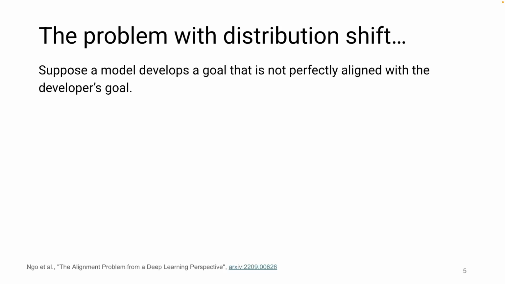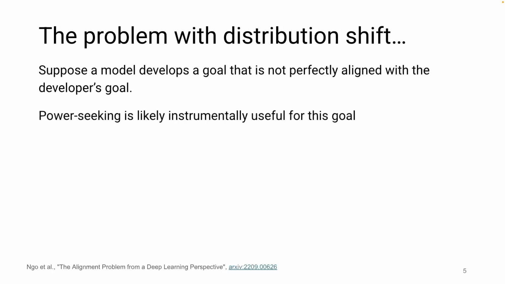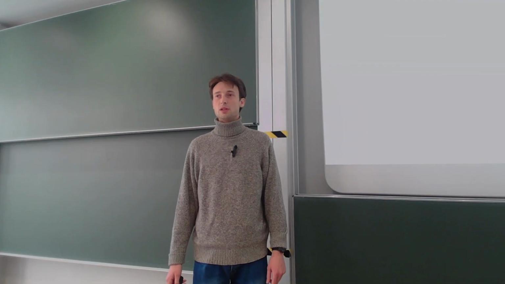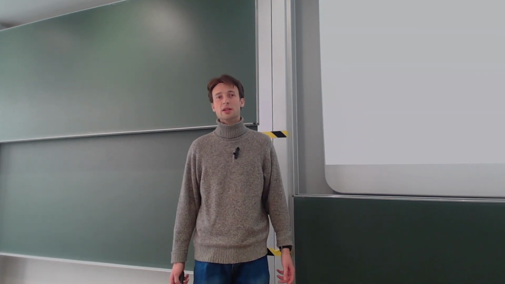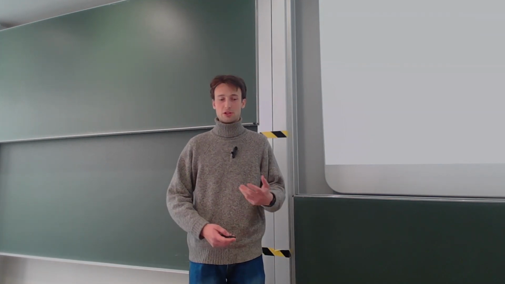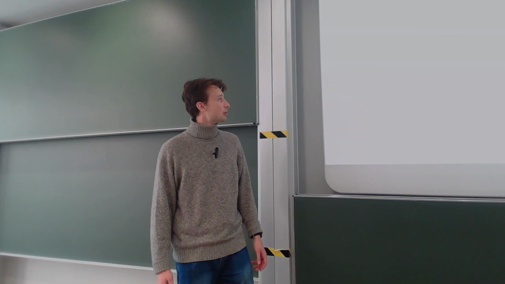So let's suppose that a model develops a goal that is not perfectly aligned with the developer's goal. It's quite reasonable, following the arguments of the instrumental convergence thesis, that power seeking is instrumentally useful for this goal. So the model is always going to want to become more trusted, to become more powerful, to develop resources, access to more tools.